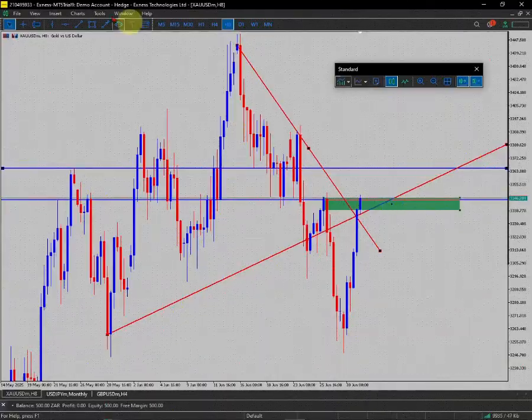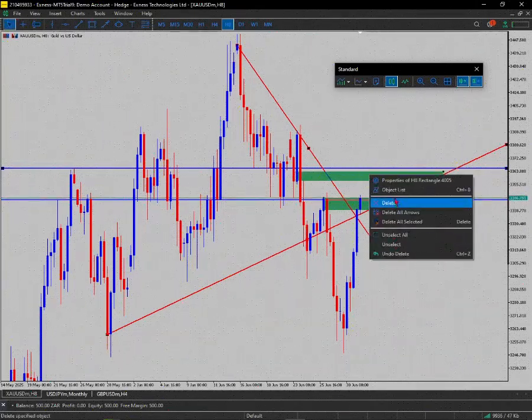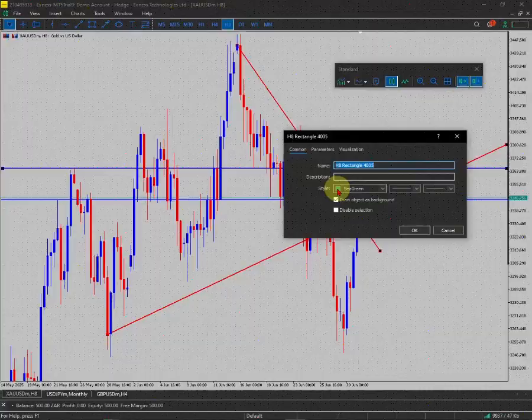We have a sell entry right here. Let me put it this way. We still have an entry right here, and then I have to change the properties to red.